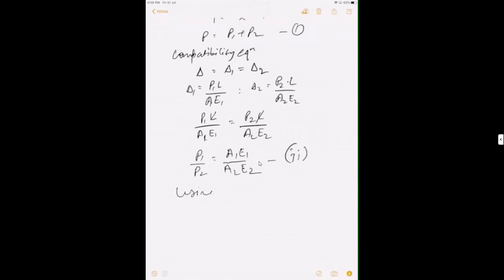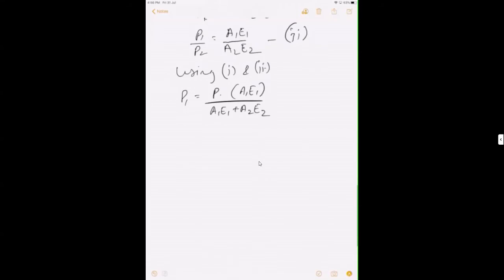Now using 1 and 2, when you solve these, you will get P1 is equal to total force P into A1 E1 upon A1 E1 plus A2 E2, and P2 is equal to P into A2 E2 upon A1 E1 plus A2 E2.